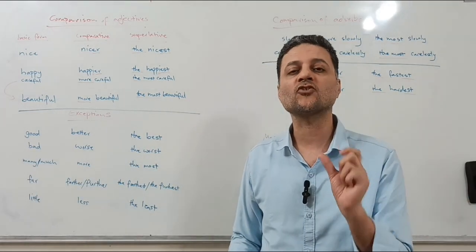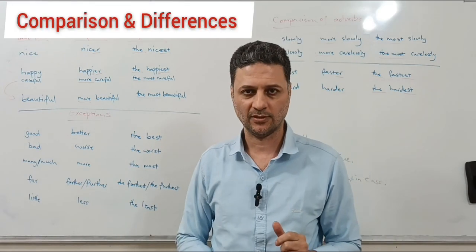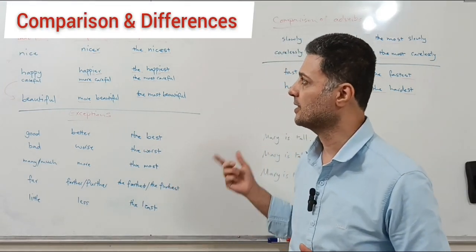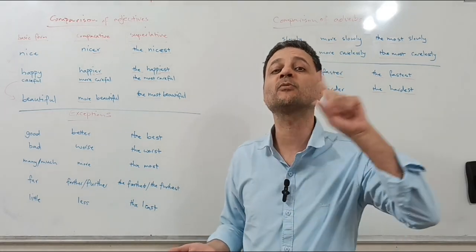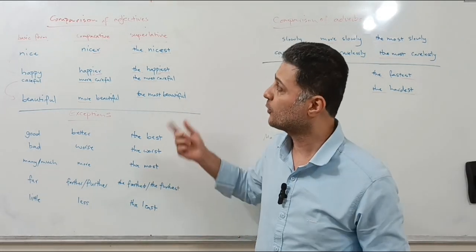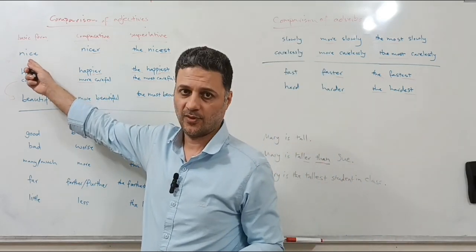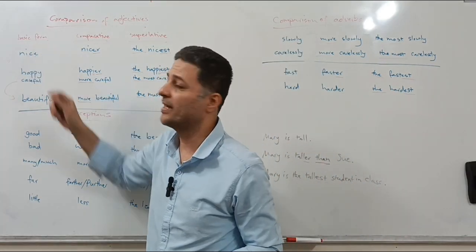So nothing is changed about the nouns, all right? Nothing is changed about the nouns, but we change something about the adjectives, the adjective that comes before those nouns, okay? For example, nice, which is the basic form.